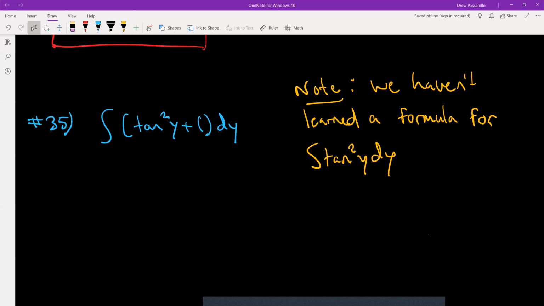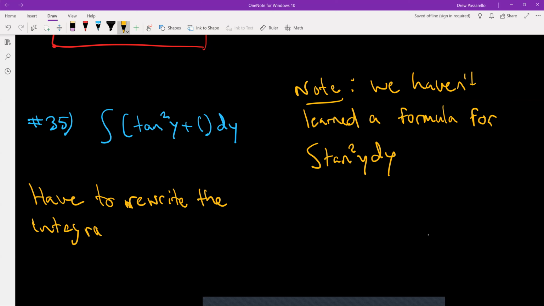So I'm going to have to do something in order to use my known formulas. We're going to have to rewrite the integral so we can apply our known formulas.